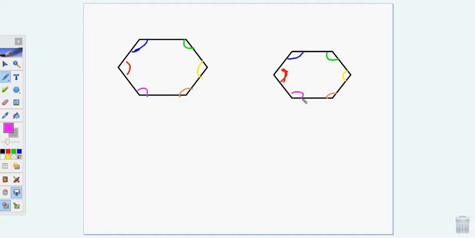Now, like congruent figures, similar polygons are named by their vertices, and they need to correspond correctly. So, for example, if I tell you that this has a name of A, B, C, D, E, and F, and I tell you that the other one has a name of L, M, N, O, P, Q, so it looks just like 0.